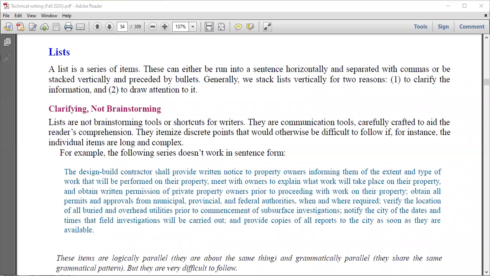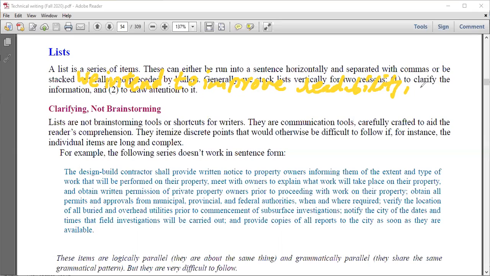Basically, when we list things, we intend to improve readability. That means we try to facilitate the reader's process of getting information. When he's trying to get the information, we facilitate that.